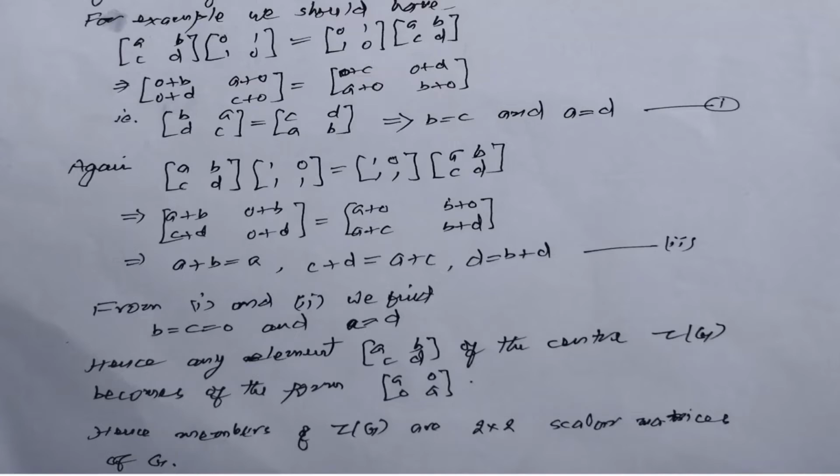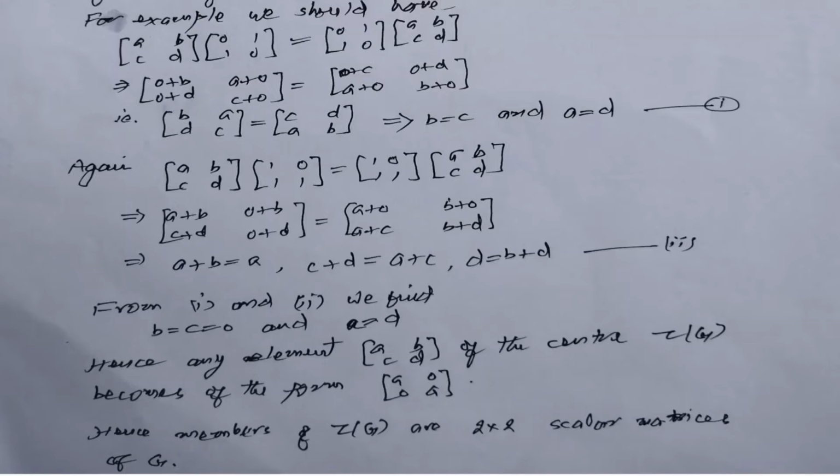If we multiply the matrices on the left hand side, this becomes [B, A; D, C] equals [C, D; A, B], which implies B equals C and A equals D. This is equation number 1.